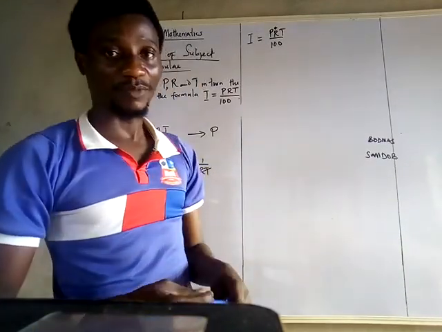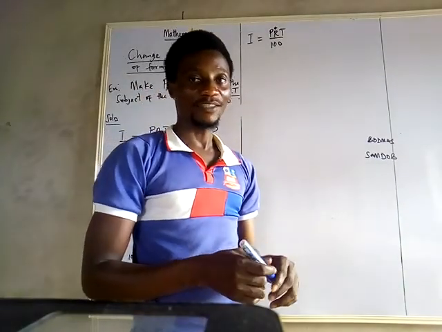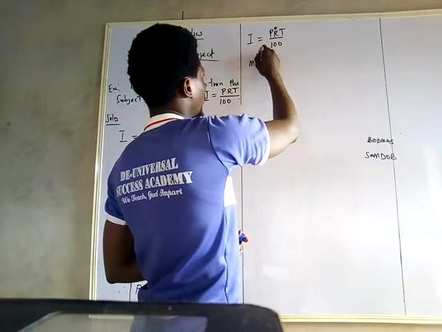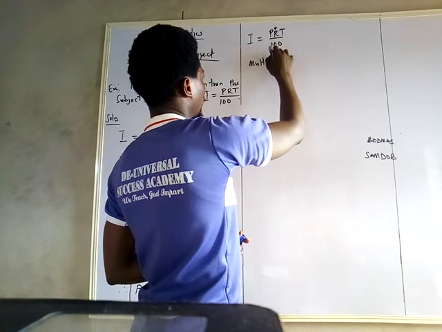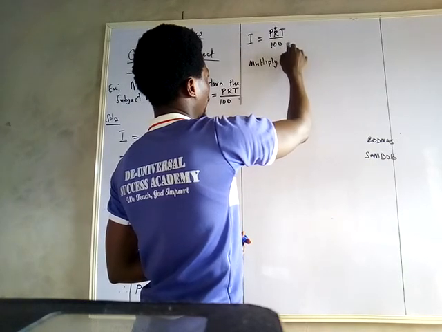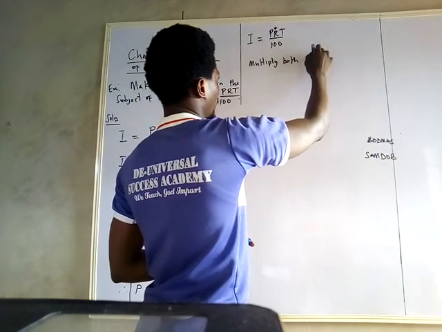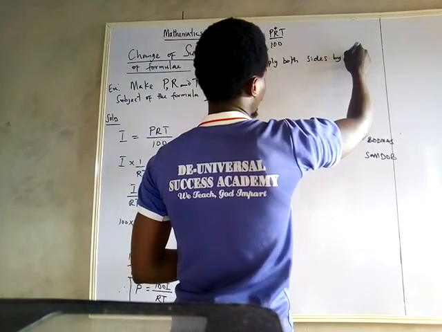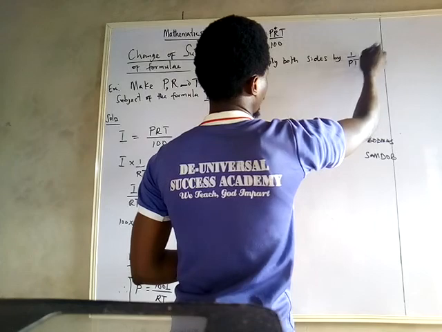What is the inverse of P and T? 1 divided by PT. So you say multiply both sides by 1 over PT.